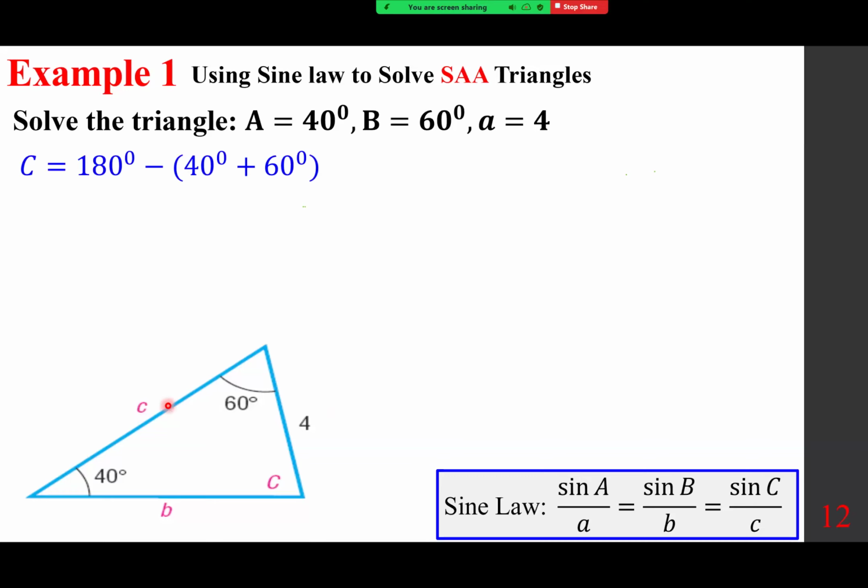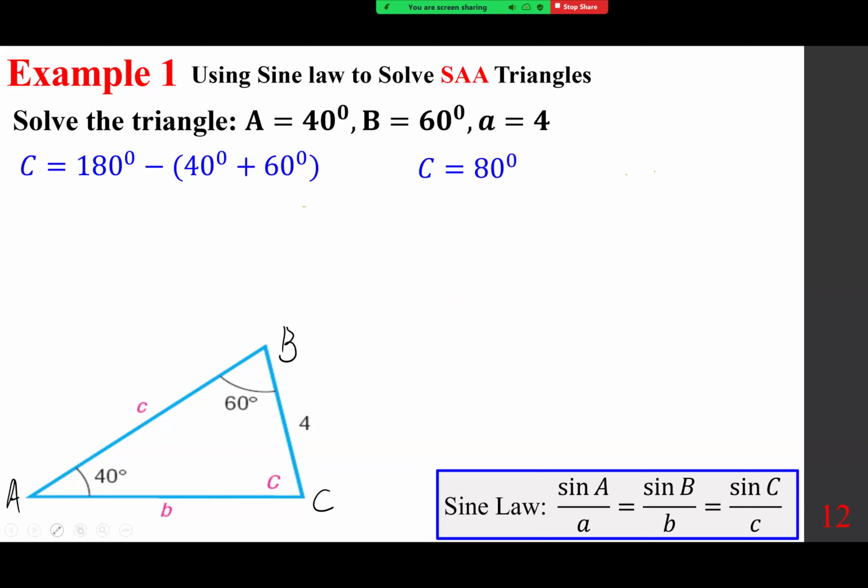so just for the sake of argument, let's just do this. So this is capital A, capital B, capital C. And so we get 100, we get 180 minus 100.